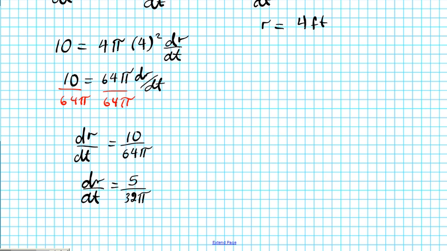Okay, so what's the unit of this measure? Radius is length. In this case, we're dealing with feet. And the measure of time that we're dealing with in this case is seconds. Okay?